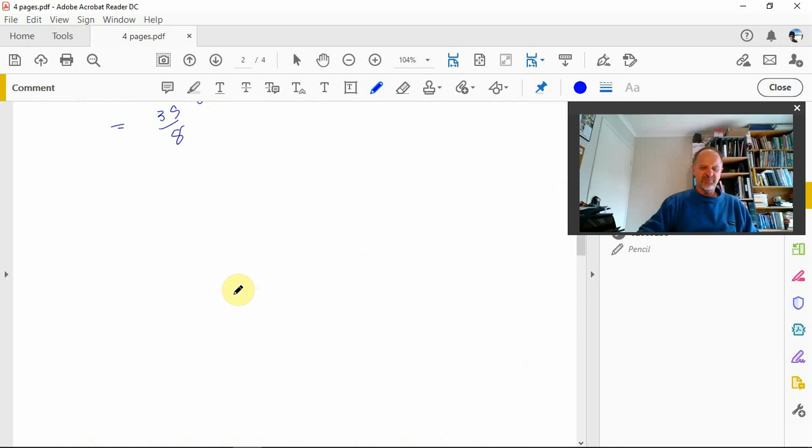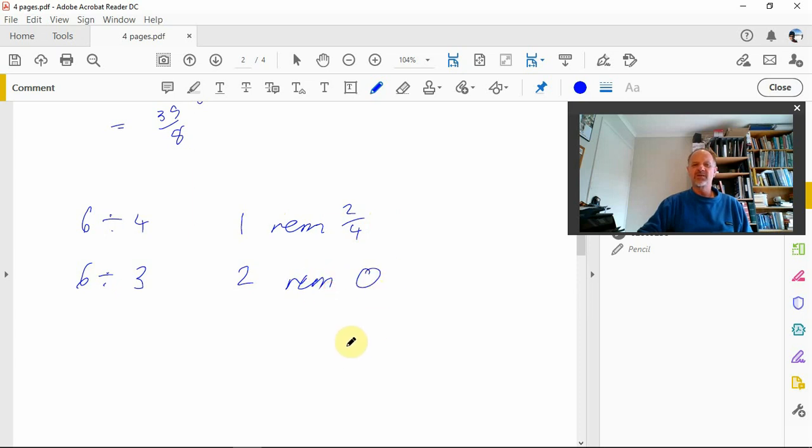Say, for example, I wanted to do 6 divided by 4. That goes in once, and then I've got a remainder of 2/4, or a remainder of a half. But if I go 6 divided by 3, that goes in evenly. It goes in twice with a remainder of 0.